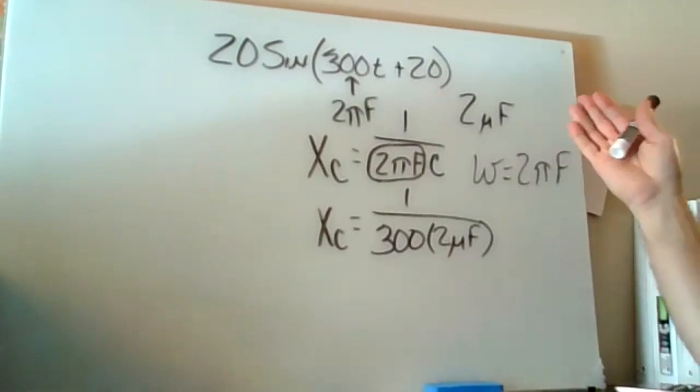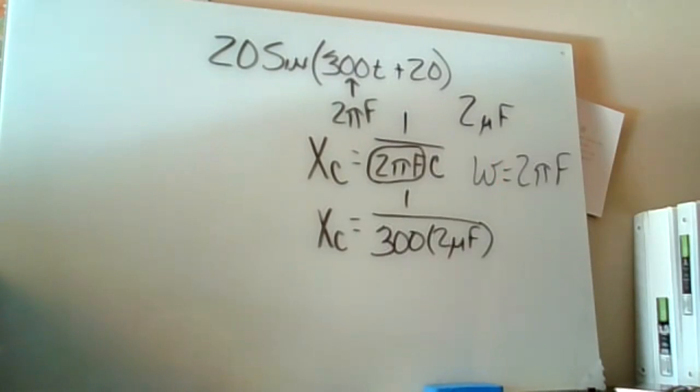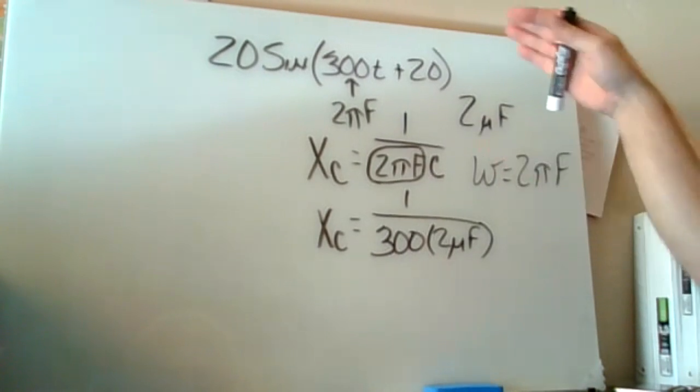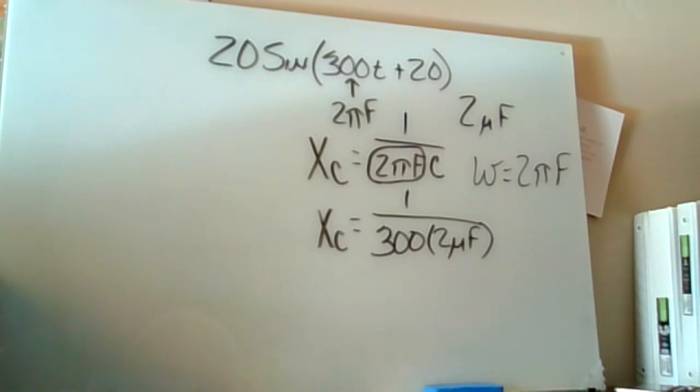So if I'm a nice guy and I give you that, I make figuring out X of C a little bit easier. You don't have to worry about the 2 pi f because you already know the answer to the 2 pi f. It's 300. So you got to remember that. Omega is equal to 2 pi f because you might have some of those on the homework too where I give you a sinusoidal voltage.